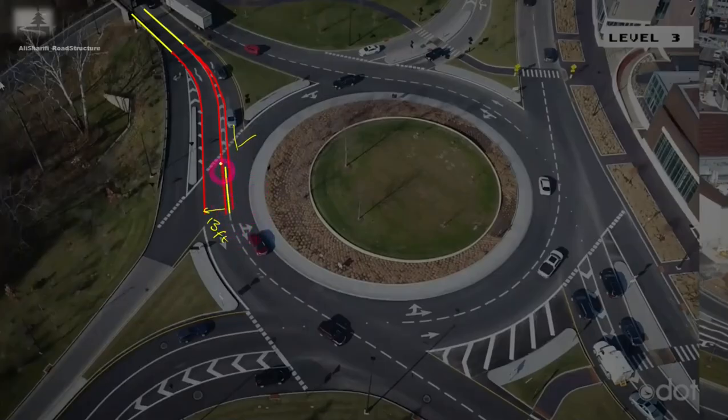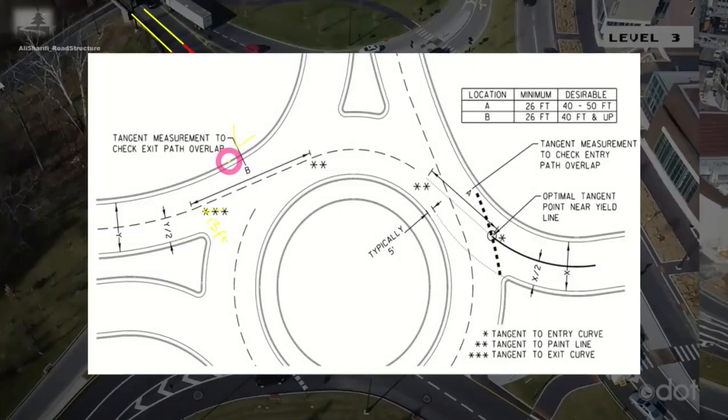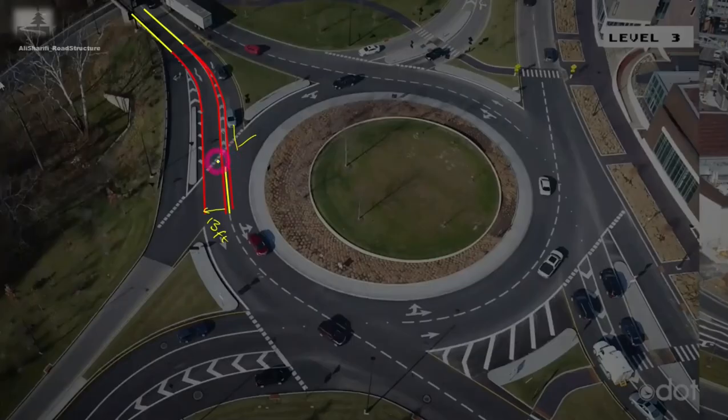Now let's suppose you don't need this refuge here. You just ignore these lines, let me clean up, and suppose you got this line. Now you offset this line around 13 feet and develop the curve with a radius from the range we just discussed.